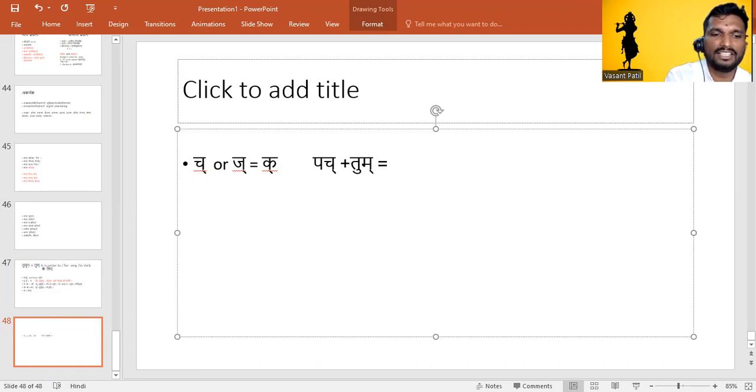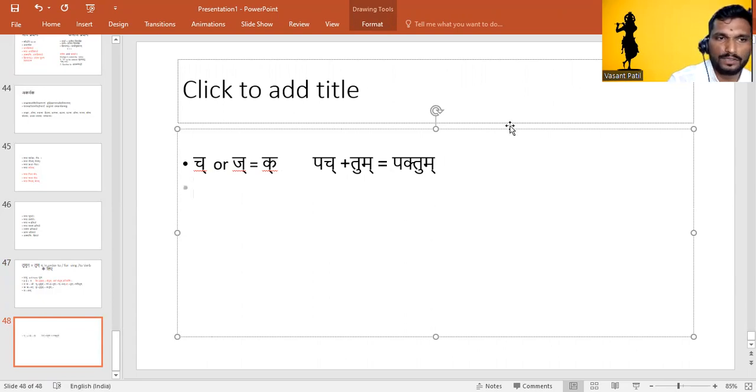So cha will change into k: paktum, meaning in order to cook, or for cooking. Aham paktum vanam gachami. In order to cook, I go to the forest.